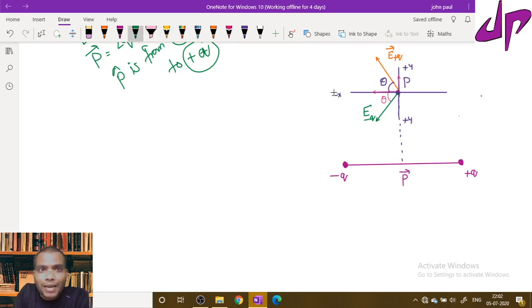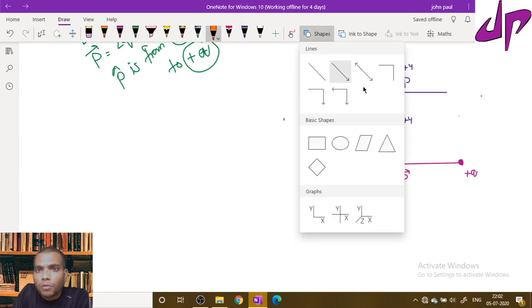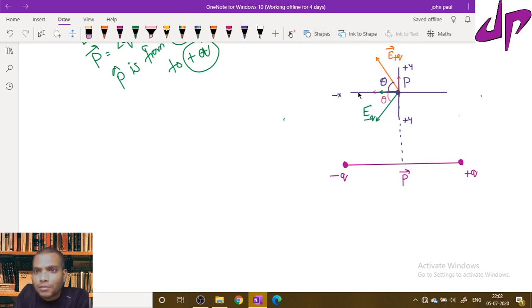Again on the same x-axis we get one more component due to the negative charge, in the same direction, and we get one more electric field component exactly opposite to the positive y-axis, along this direction.